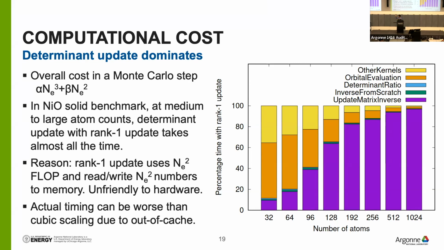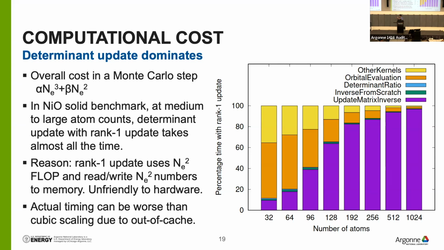The n cubed part has a smaller prefactor, but the n squared part has a larger prefactor. So for simulations of small systems, the n squared part is the big portion, and you have to put quite a few kernels. But once you go to large atom counts and electron counts, actually the n cubed part dominates. So we thought about whether we can improve the algorithm to maximize the performance.